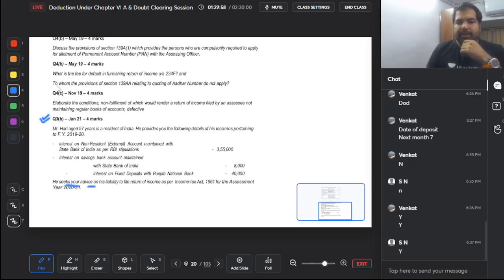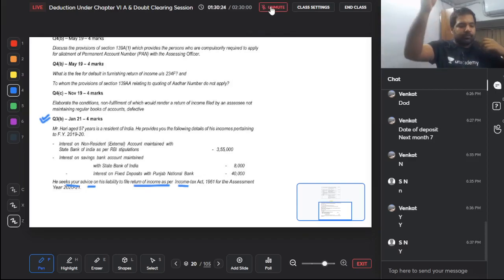He seeks your advice as to whether he has to file his return of income or not. Check it. You get 2-3 minutes to do this, and then we will discuss it as well. Remember, guys, step 1, step 2, step 3, especially step 2, your GTI plus your 54 series exemptions. Only if it's more than basic exemption limit, you will have to file your return. Please answer this, and I'll be back in 2 minutes and we'll discuss it as well.